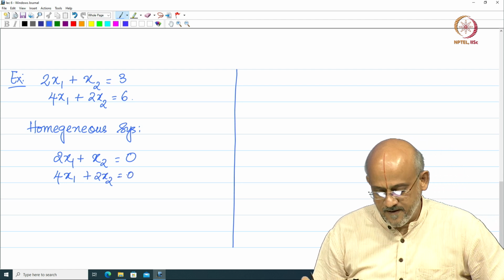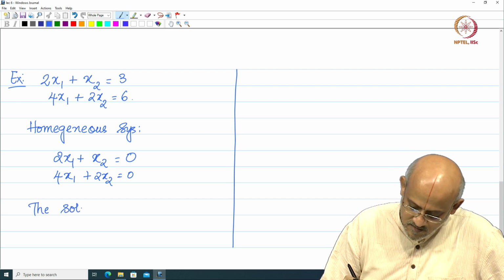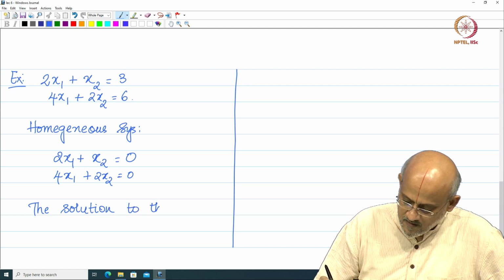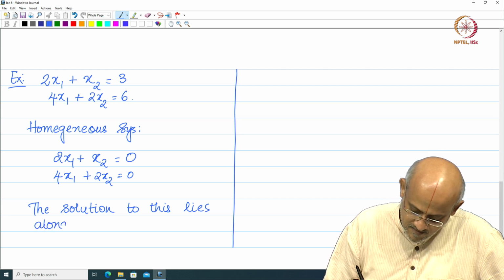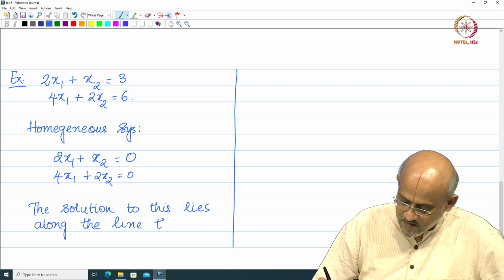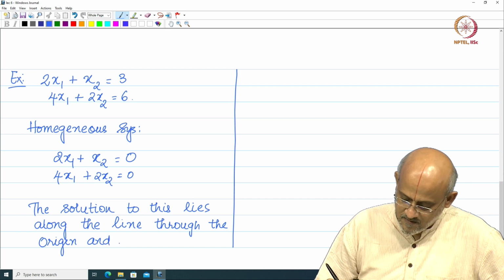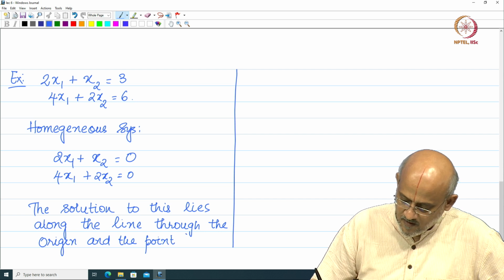This is what we have, and we know that the solution to this lies along the line through the origin and the point (1, minus 2).